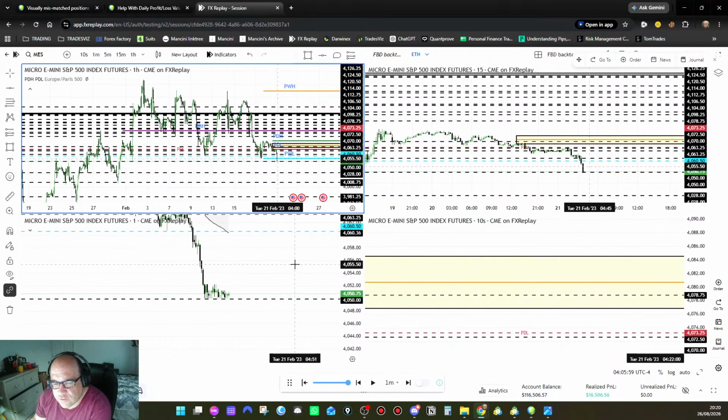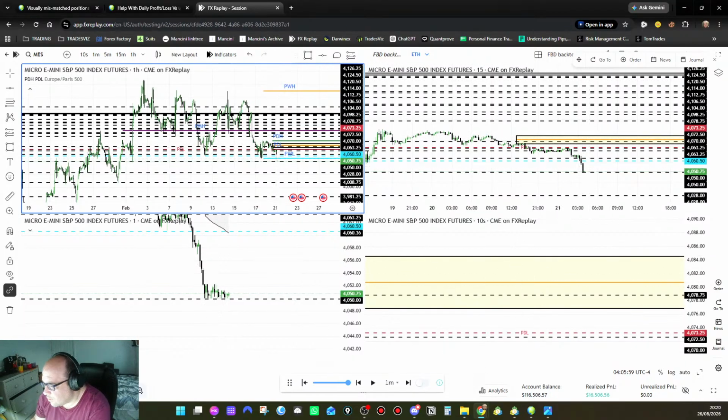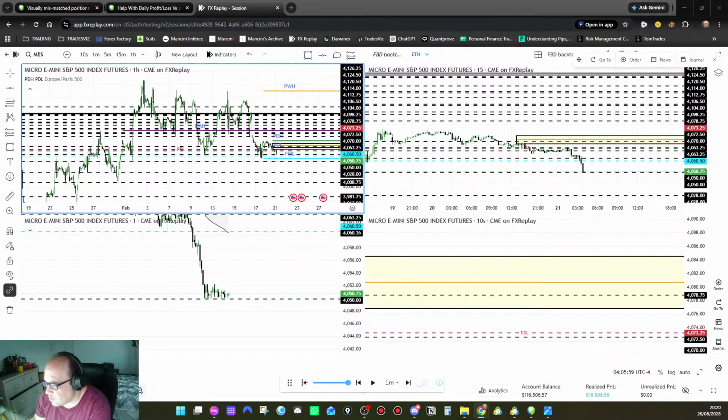Okay, I'm gonna take a screenshot now. Got stopped out as market decided to break the big high time frame structure and move forward.